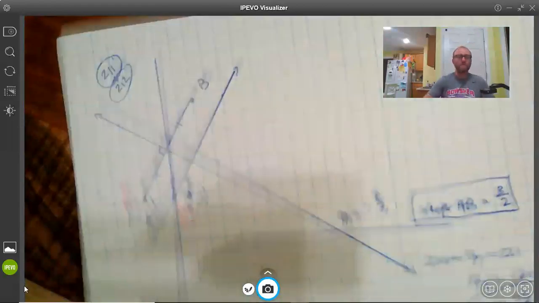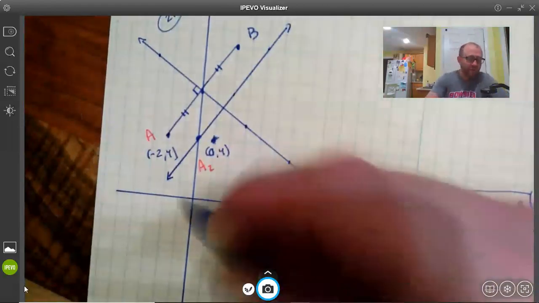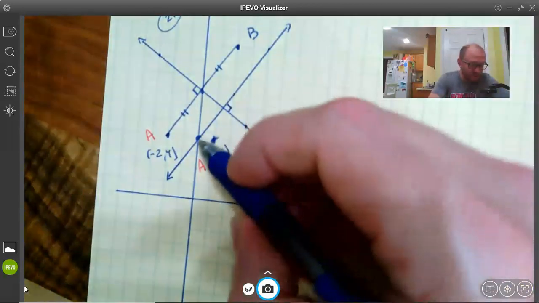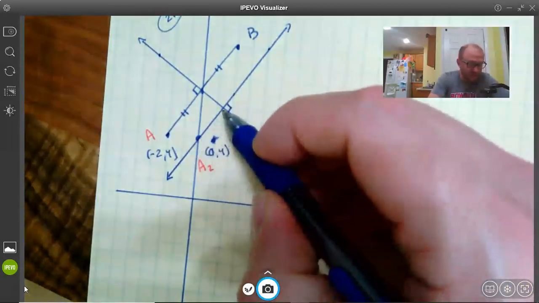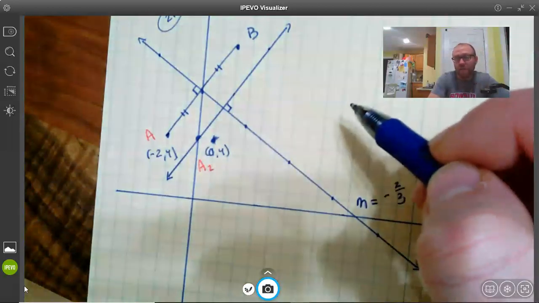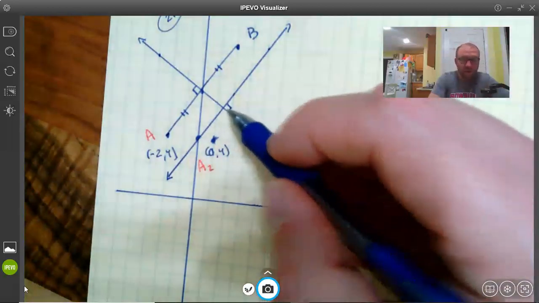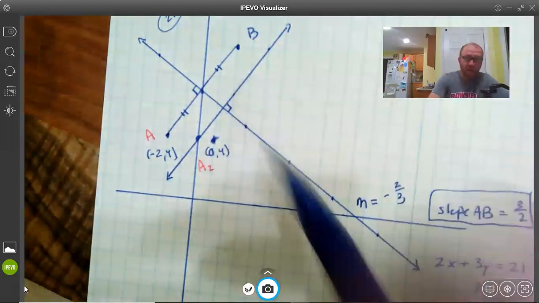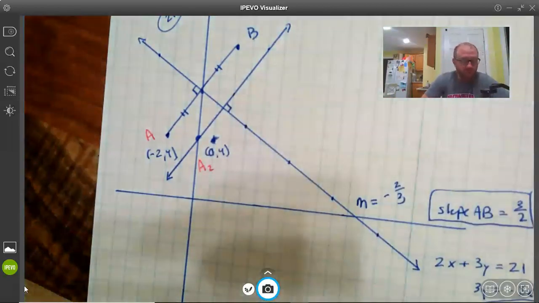All right. So this line here is going to be perpendicular, true, but the problem is I don't know the distance from here up to here. So what I have to do is figure out what that distance is so that I can reflect this point A across to the other side to find point B.